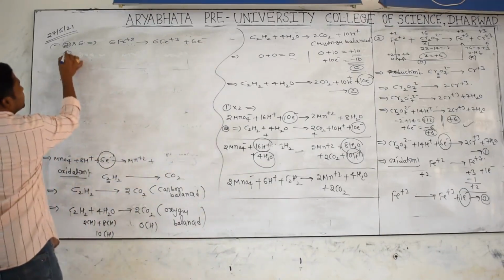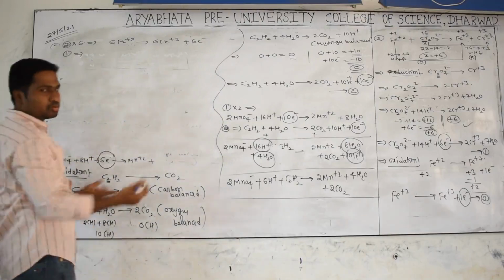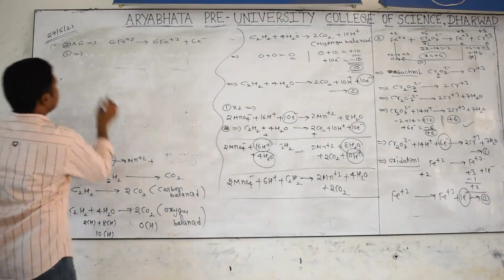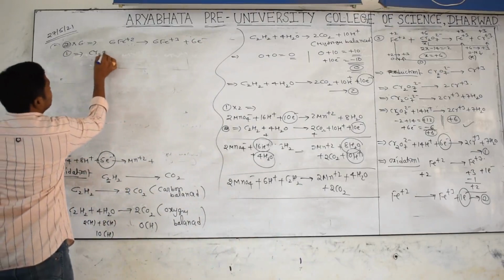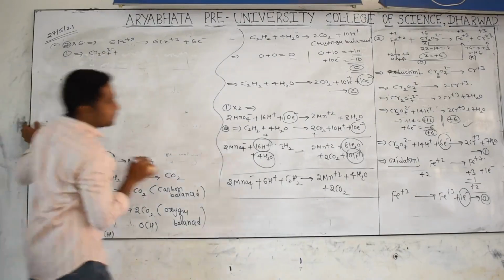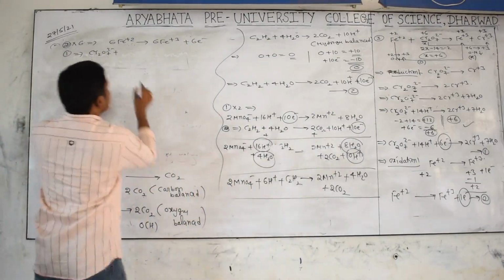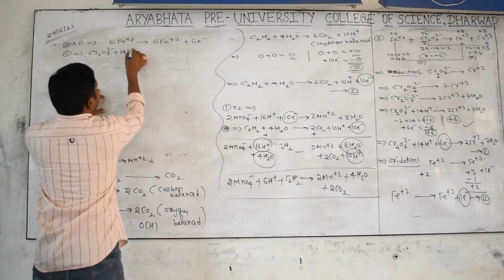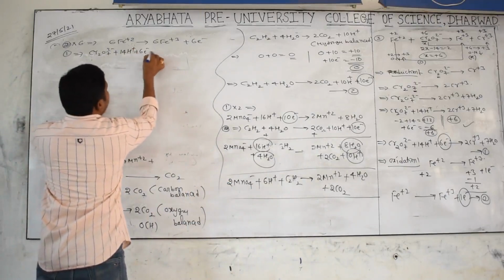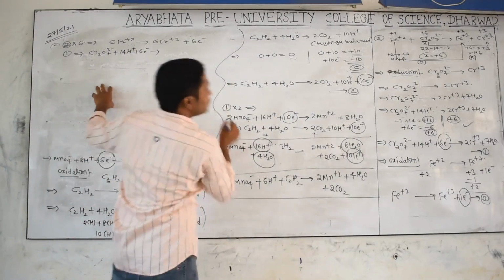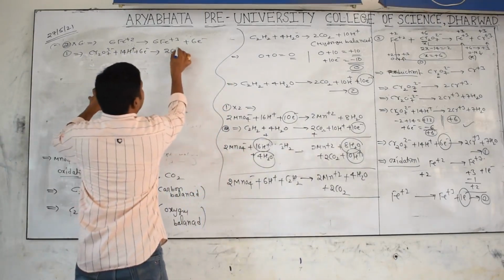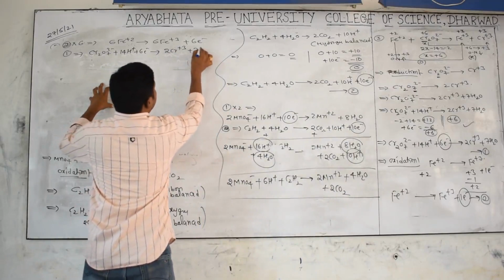Is there any change in the first equation? Not required, because there are already 6 electrons here. Cr2O7 2 minus plus 14H plus 6 electrons gives rise to 2Cr plus 3 plus 7H2O.